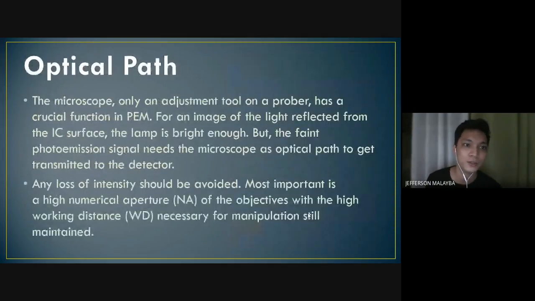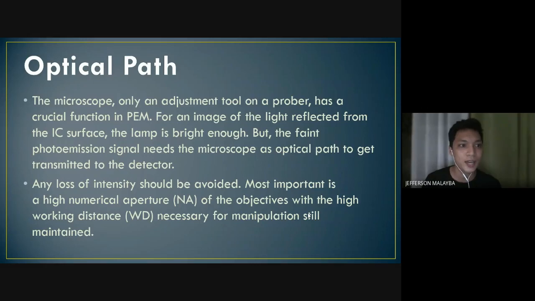The microscope, only an adjustment tool on a prober, has a crucial function in PEM. For an image of the light reflected from the IC surface, the lamp is bright enough. But the faint photoemission signals need the microscope as the optical path to get transmitted to the detector.